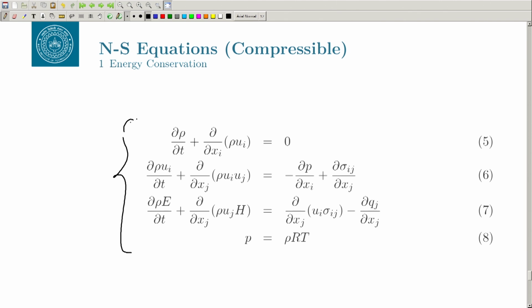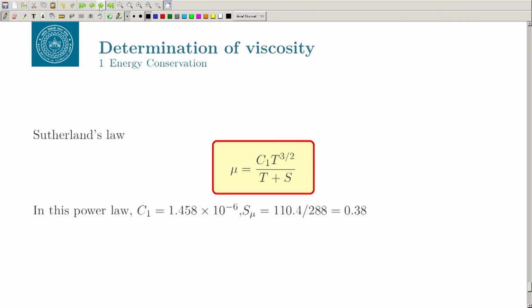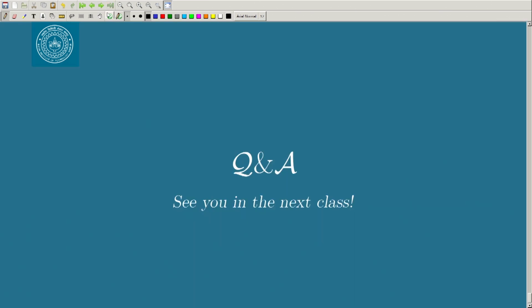You will have some additional terms. It will only make it a little bit more involved, but you can express this with sigma ij, q j and so on, and you will be able to write it in terms of your primitive variables, and this is Sutherland's law. So, with that we will stop.